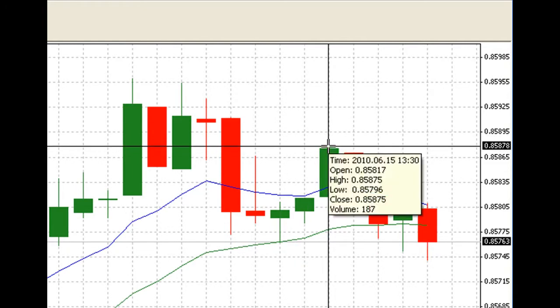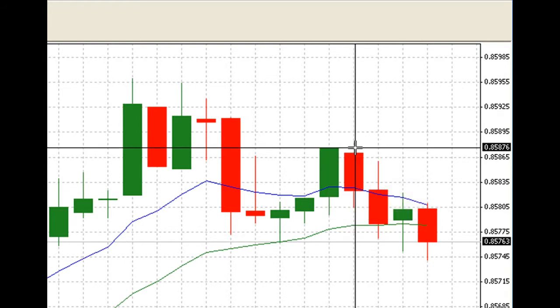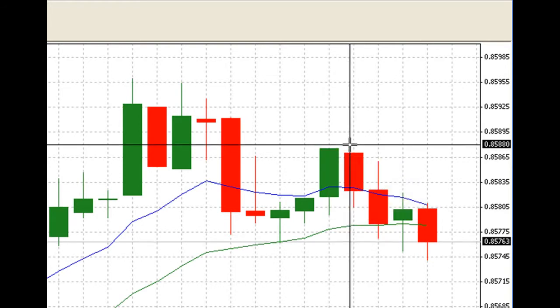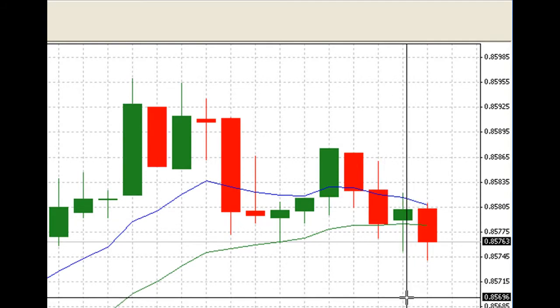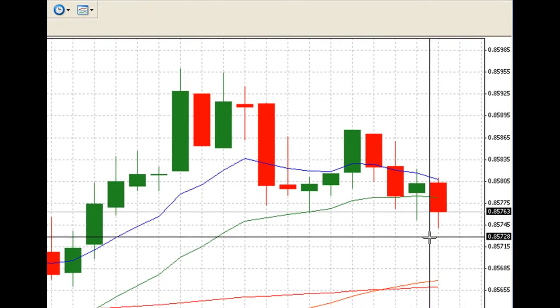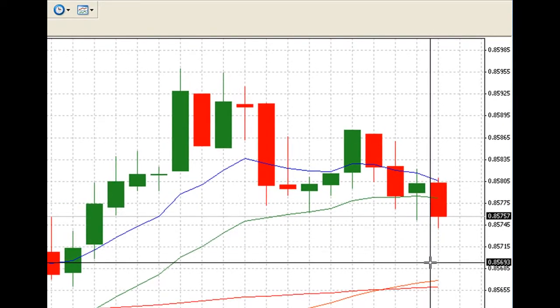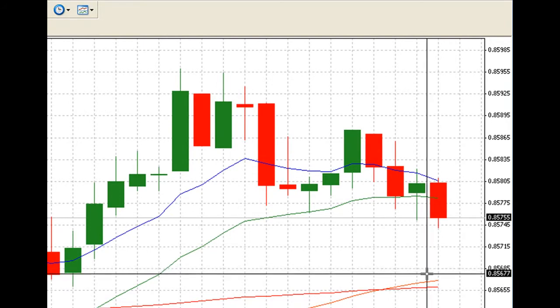The C point here is 0.8587. And so the D point would be at 0.8567, down here. So our entry will be 0.8567 in terms of the market price.